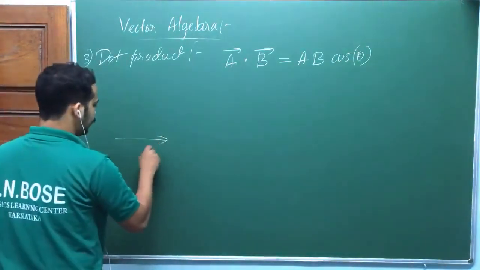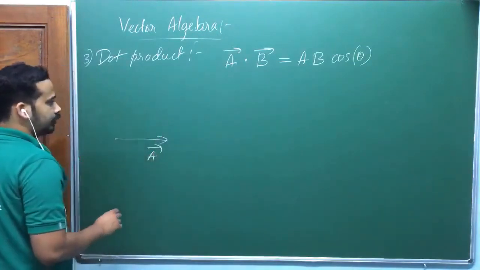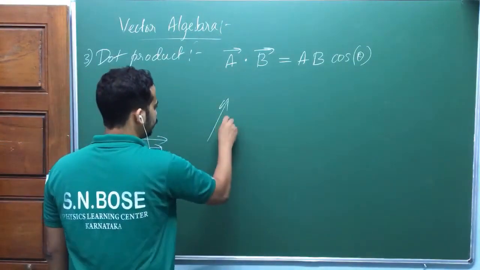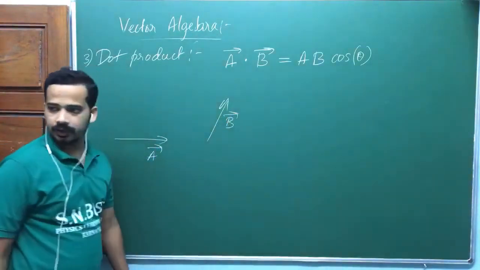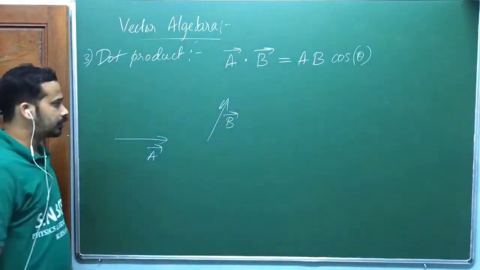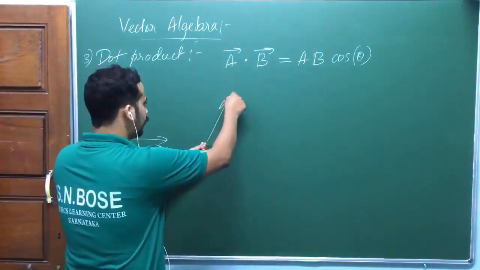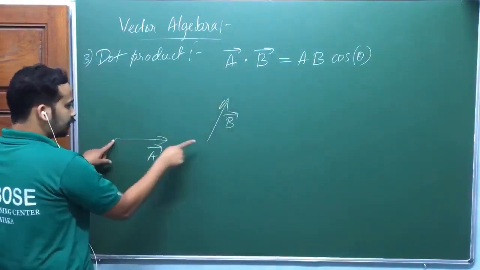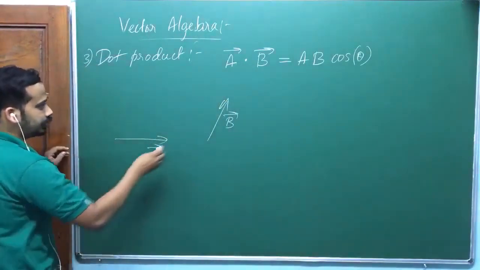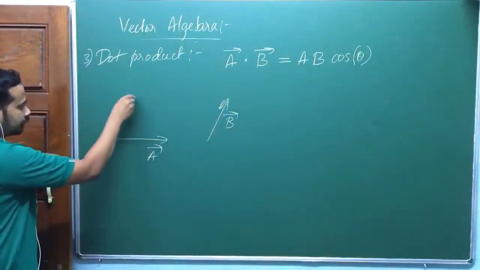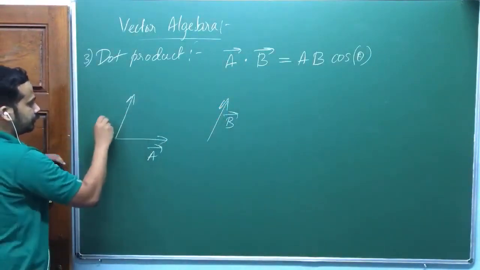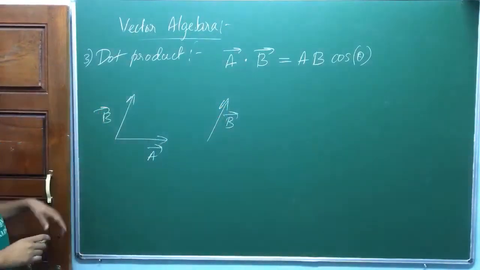You have vector A here, you have vector B here. You need to take a dot product. While taking dot product, one thing you need to remember, you have to place these vectors so that their tails coincide. You have to draw the vectors like this. Is that okay?